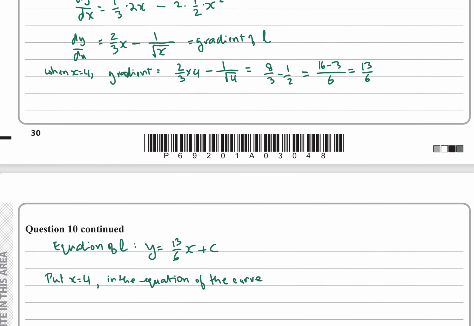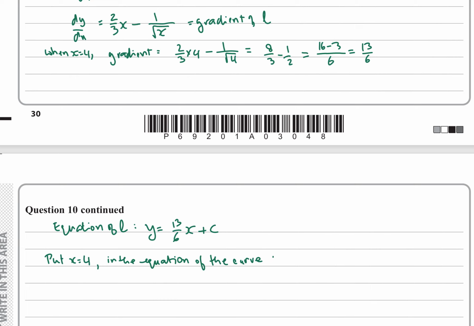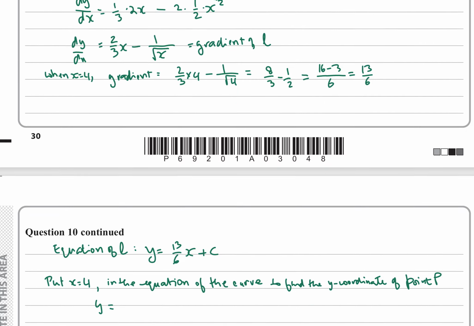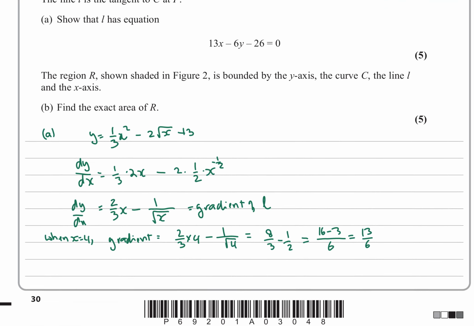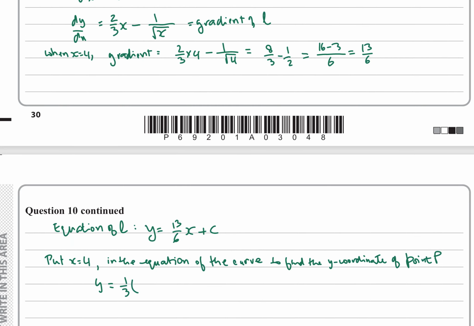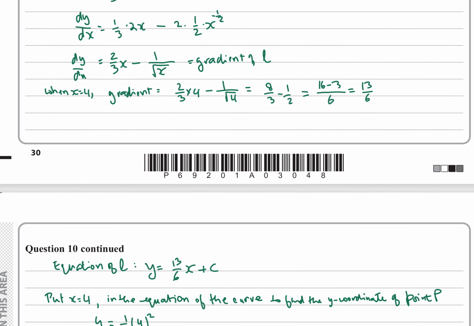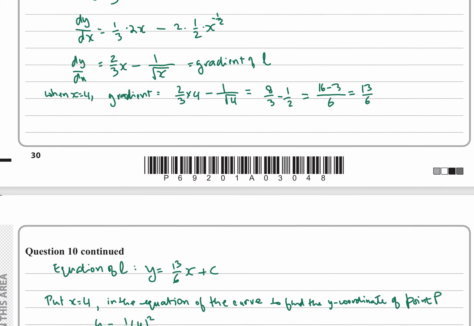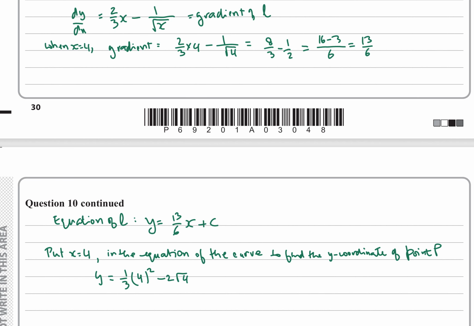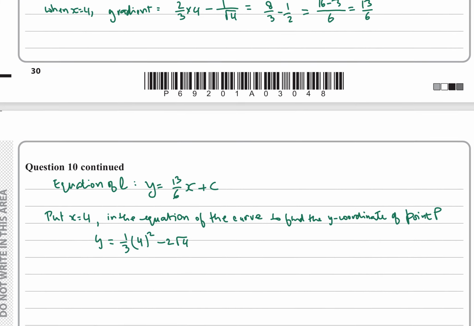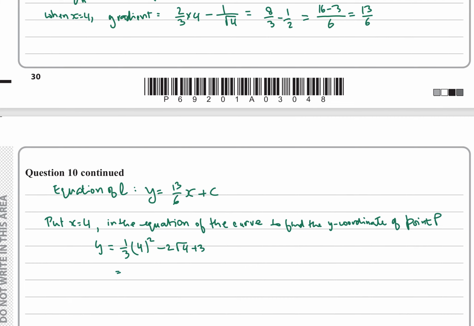That will help us find the y coordinate of the point P. So y would be equal to 1 over 3 times 4 squared, minus 2 root 4, plus 3, and that is equal to 16 over 3 minus 2 times 2 is 4, plus 3.